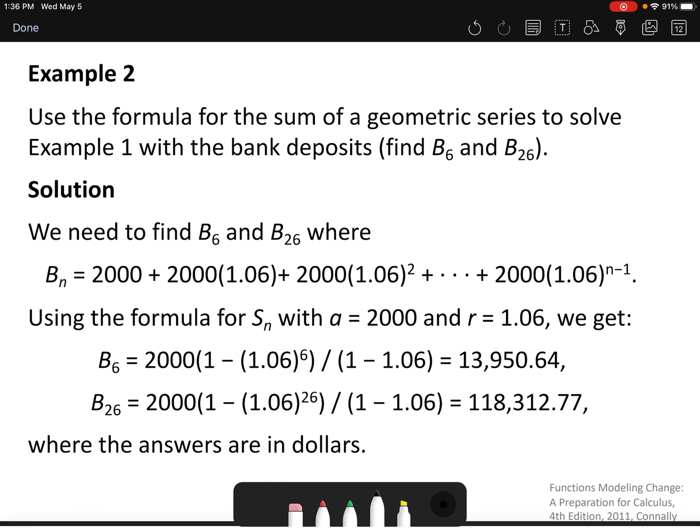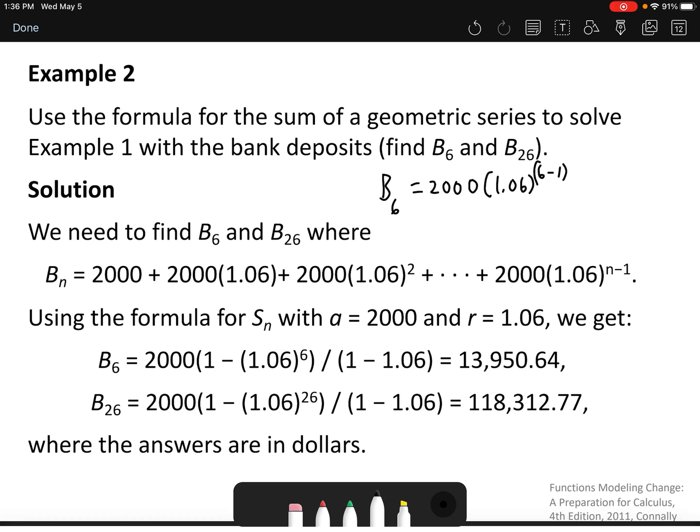Find the amount of money in the bank after b of 6, which is after 6 years. So we're going to have b of 6 equals, and it's right here, 2,000 times 1.06 to the 6 minus 1 power. So we would just type that in. Okay.